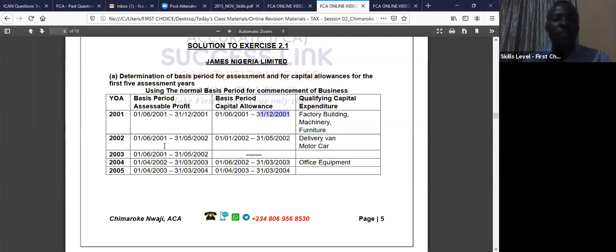Now, what happens in the second year? We are supposed to start from the date the business commenced. But you see, in capital allowance, there is no room for overlap, and there is no room for gap. So there must be no gap and there must be no overlap. That would mean that the capital allowance will not start again from here because it will mean overlap. So where will it start?